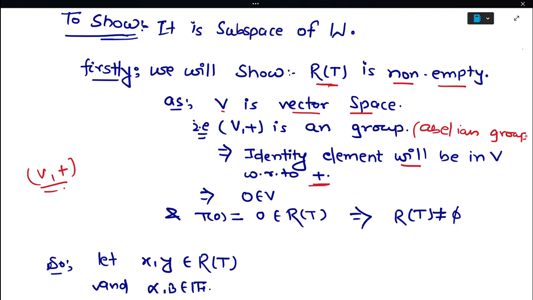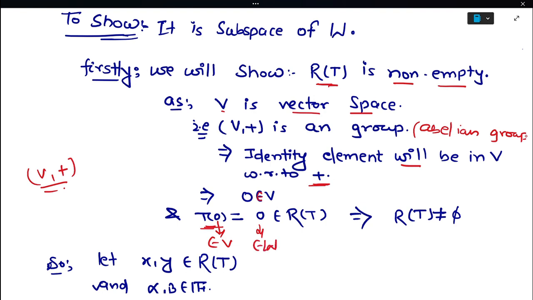V is an abelian group with respect to plus, so we know 0 is the identity element, and this belongs to V. What we proved in the previous lecture is that T(0) = 0, so this 0 belongs to V and this 0 belongs to W.